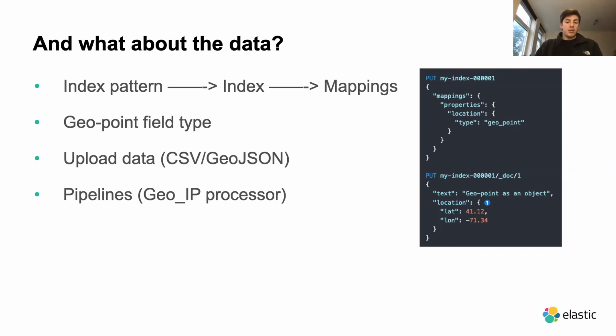And in the end, an alternative option is to use pipelines. So what if you don't have any location information inside of your documents, but for example, you have an IP address, which is a common scenario in case you have some web access logs data and so on.